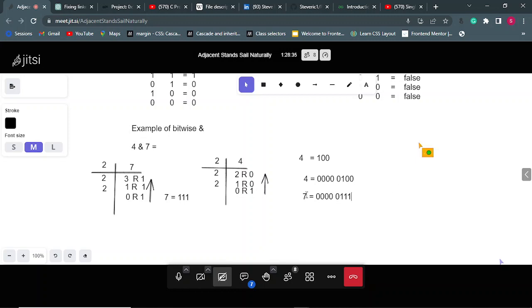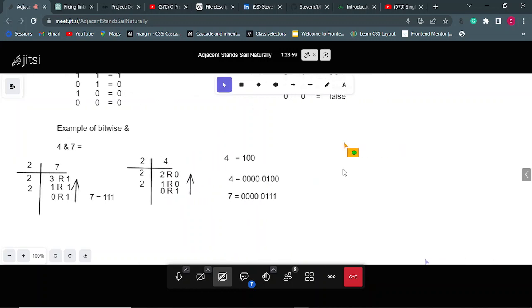Now let's calculate our 4 and 7. Okay, this is where it is now getting interesting. Let me just copy this one here.